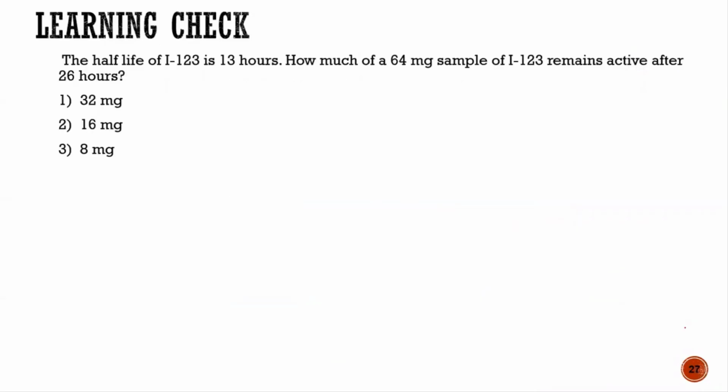So here's a question. For iodine-123 isotope, which is used in the medical field, and how can I recognize that? It has a really short half-life, 13 hours. Extremely practical. So if I have 64 milligrams, and it has a half-life of 13 hours, how much is left after 26 hours?